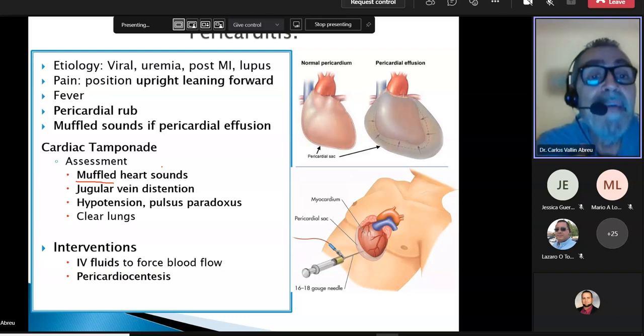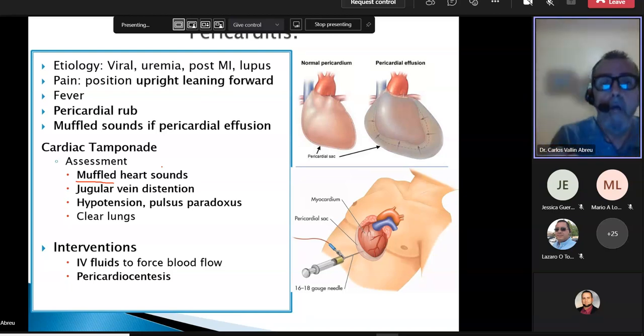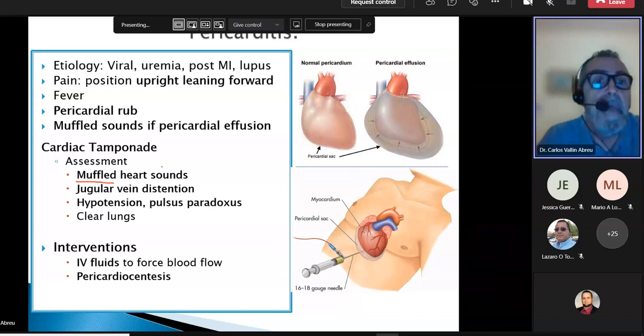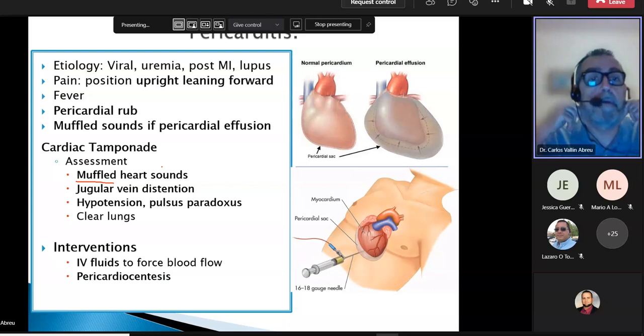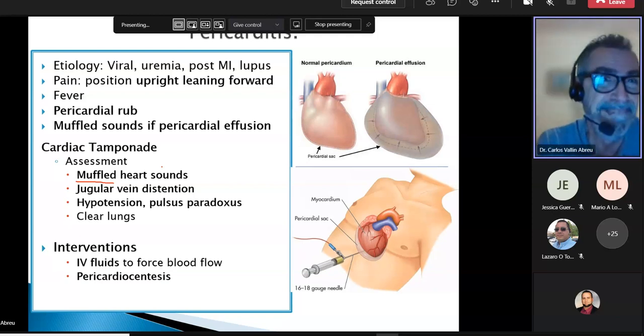So now you have what? An obstruction. So blood cannot enter the heart. If blood cannot enter the heart, the blood starts pooling, building up in the veins, waiting for the moment to enter into the heart. So what you are going to notice is that all the veins are going to be very distended, but the most visible are the veins of the neck.